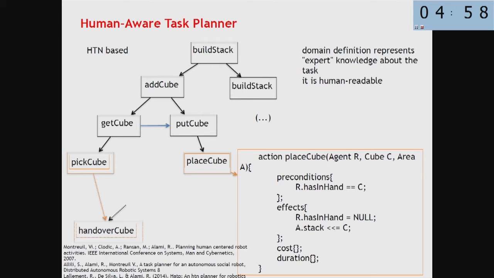And an action is defined very simply by, okay, the precondition is that the person has the object in the hand, and at the end, the object is on the stack, and the object is not in the hand. So we can call that an expert definition of knowledge, which is good when you are doing human-robot interaction because it is human-readable.